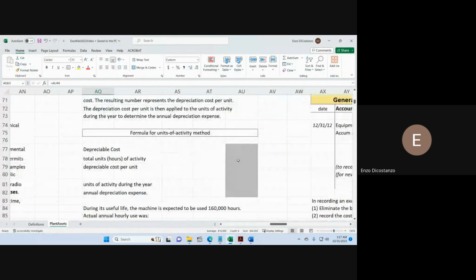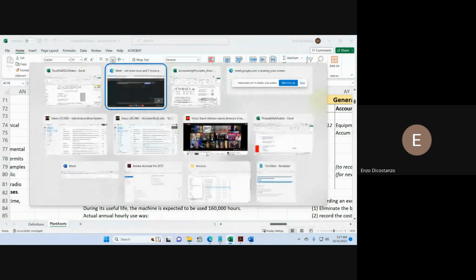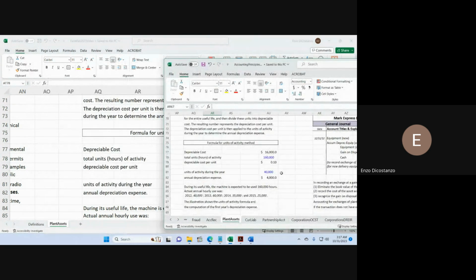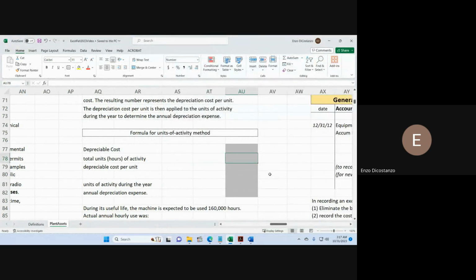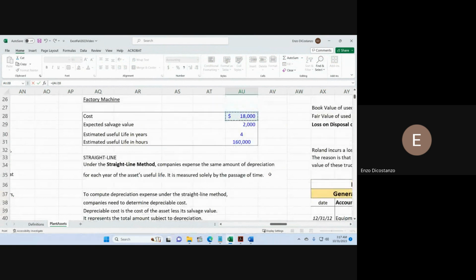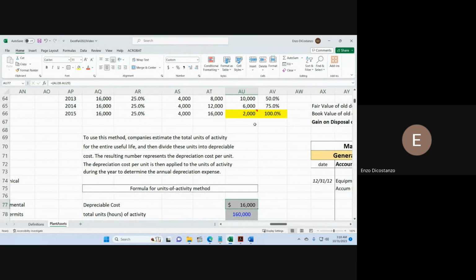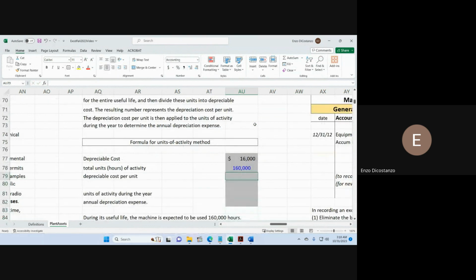We'll use the next method, which is units of activity. And this would be that 160,000 hours. We could just redo this computation, the 18,000 minus the 2,000. And cost per unit is you're just dividing these, which is how you get the 10 cents.